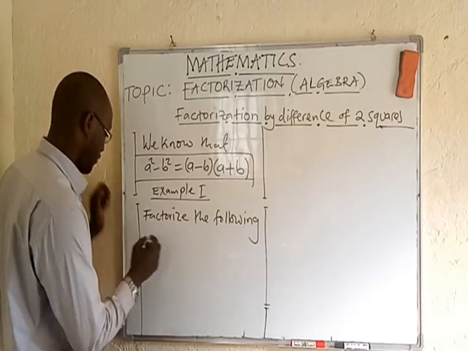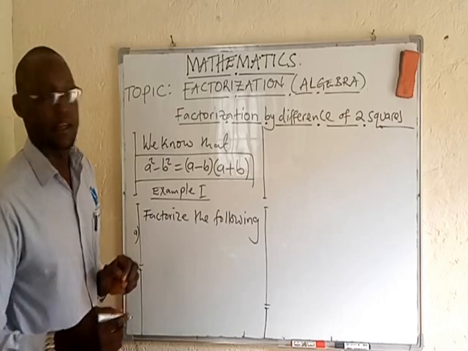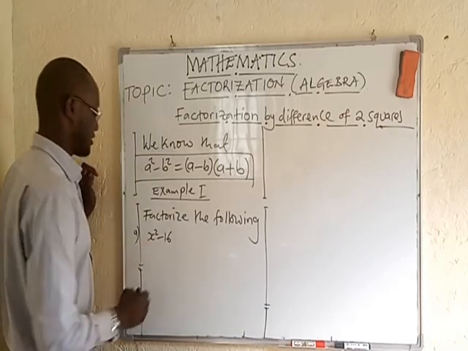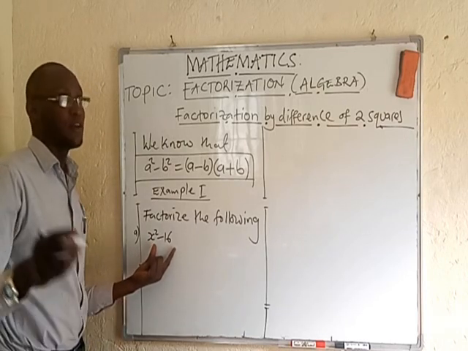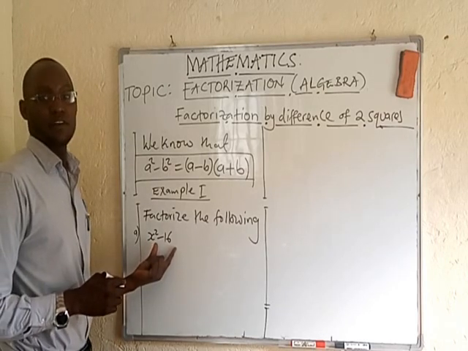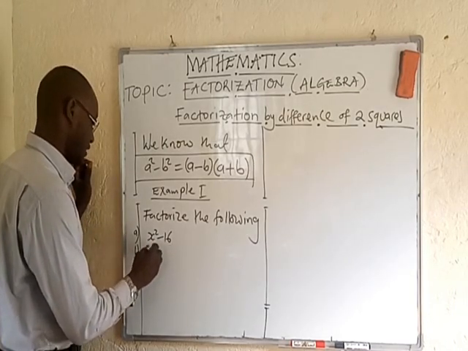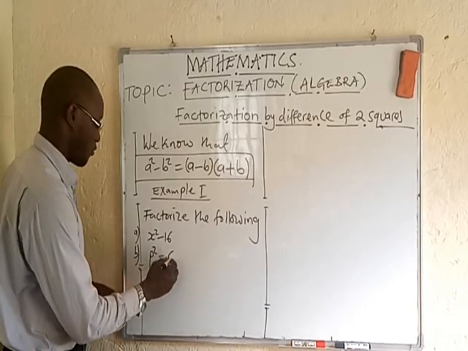Factorize the following. Assuming somebody gives you an expression like x squared minus 16. People are asking, is this a difference of two squares? We shall see how it becomes a difference of two squares. Then part B, assuming I have, for example, p squared minus 64.